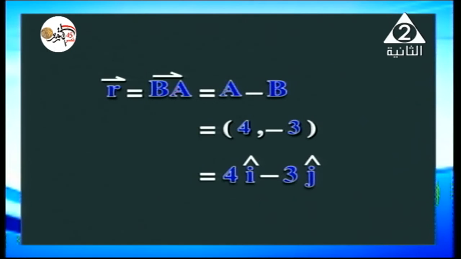The moment about B equals R cross F. The moment about any point equals its position vector cross the F vector. This is the meaning of cross multiplication of the two vectors, R vector cross F vector.